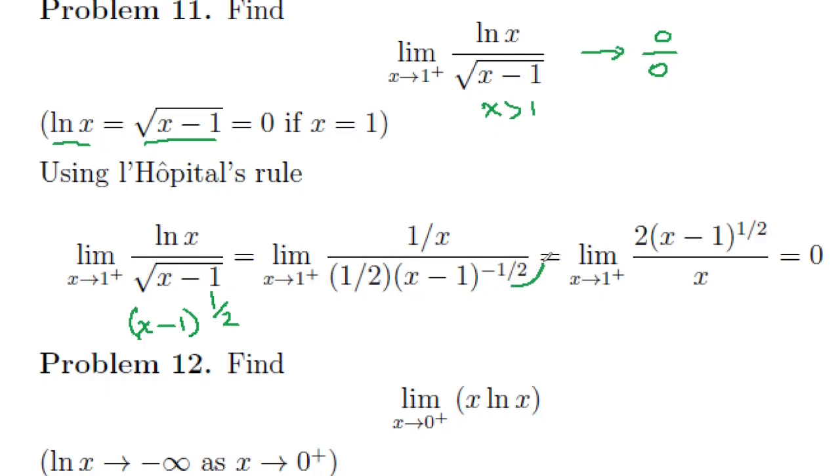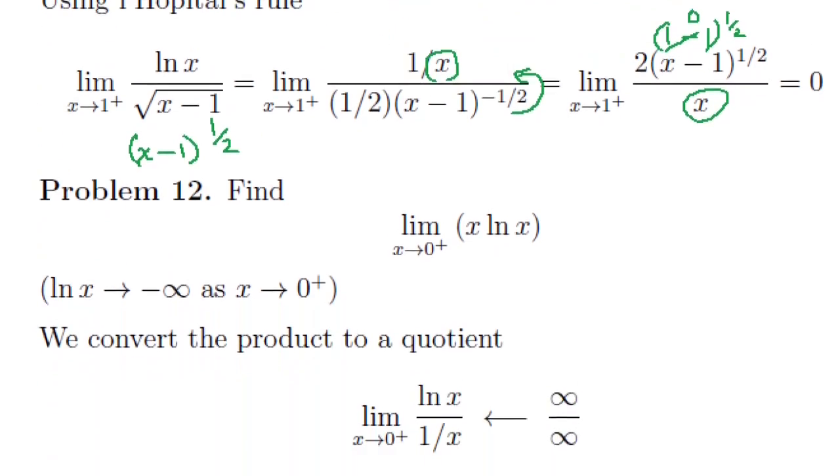So let's take that to the numerator, write it as x minus 1 to the plus 1/2. That x comes down to the denominator, and we get this expression. Now, if x goes to 1, I get 1 over 1 times 0 to the power 1/2. So everything drops down to 0.